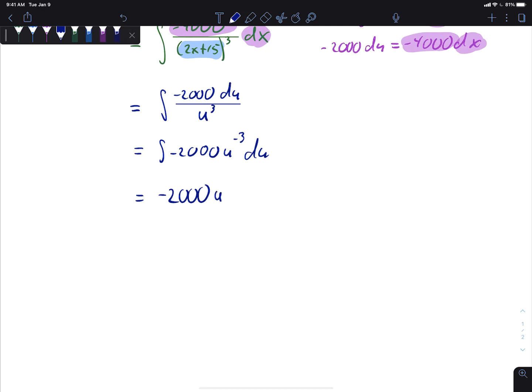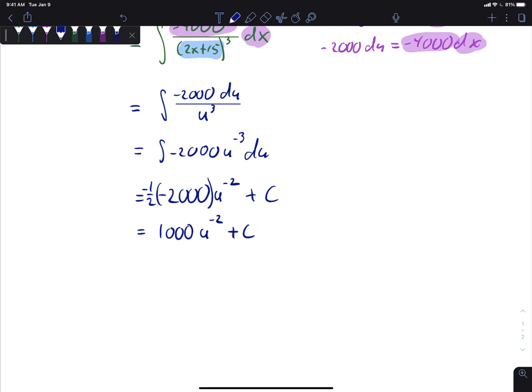And then u to the negative 3 plus 1 is negative 2. And then out to the front, multiply that by negative 1/2, which is the reciprocal of that negative 2, plus some constant. Now, negative 1/2 times negative 2,000 is positive 1,000. u to the minus 2 plus c.